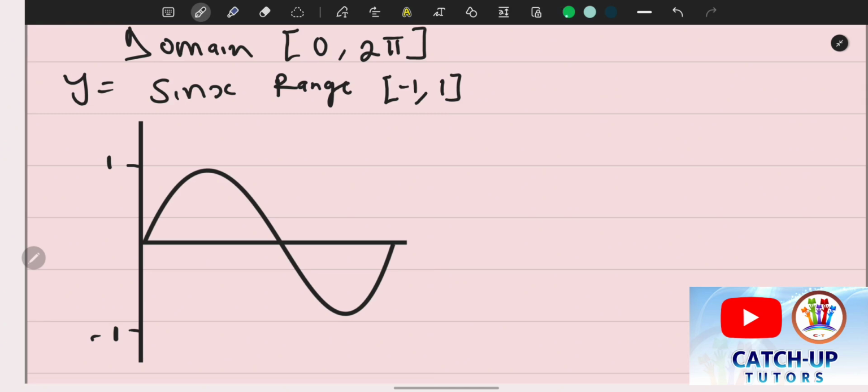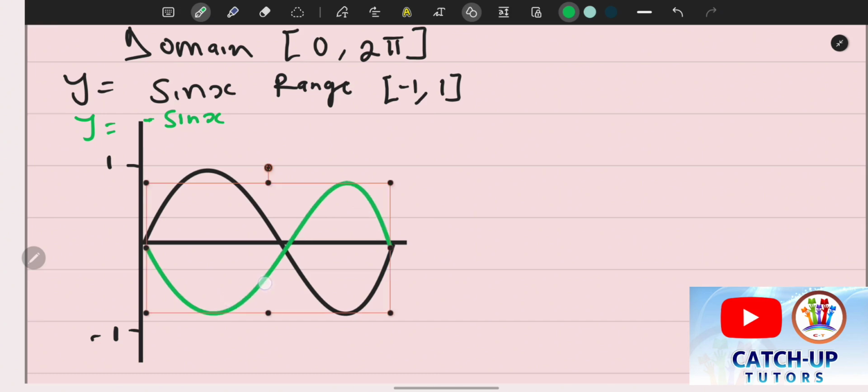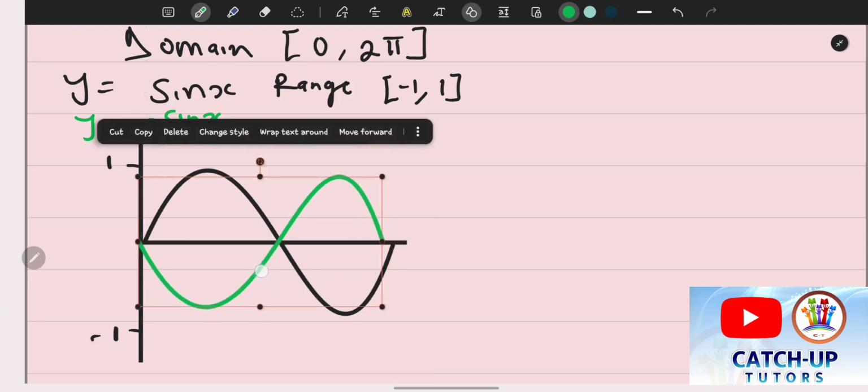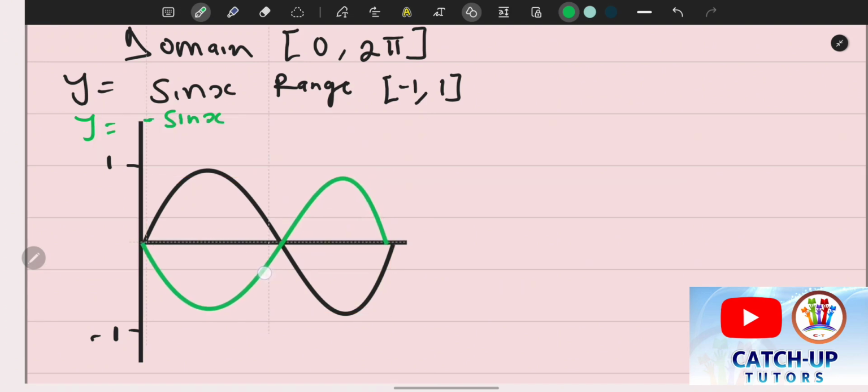What if you now have y equals minus sine x? It is just a reflection of sine x on the x-axis, and the graph looks like this.